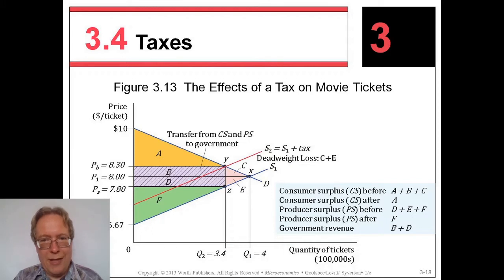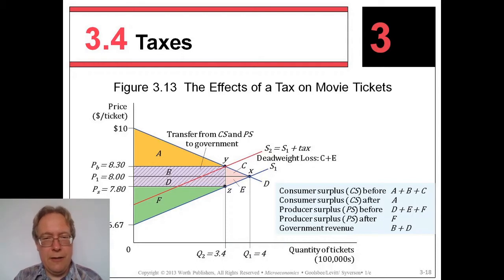What happens with a tax? Well, suppose that the suppliers or the movie theaters, they have to pay the tax. Suppose that they have to give to the municipality 50 cents for every movie ticket that they sell.